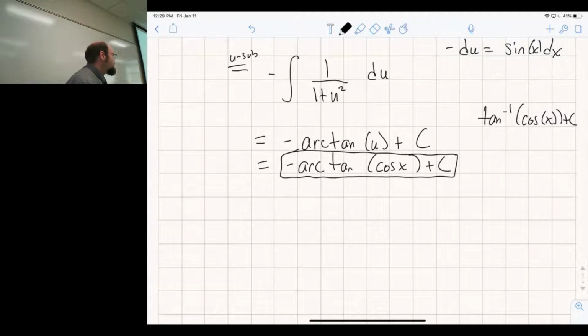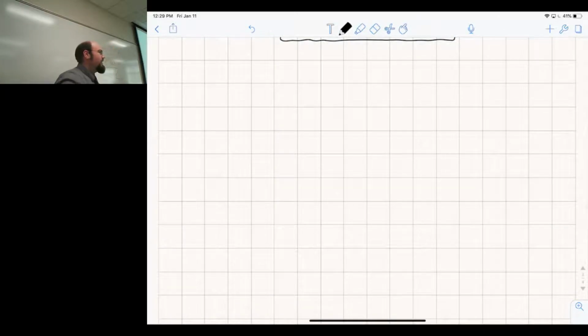That's why when I write inverse trig functions, I will always write arctan, arcsine, arccosine. But if you want to write the little -1, whatever floats your boat. Just know that deep down inside, I don't like it.